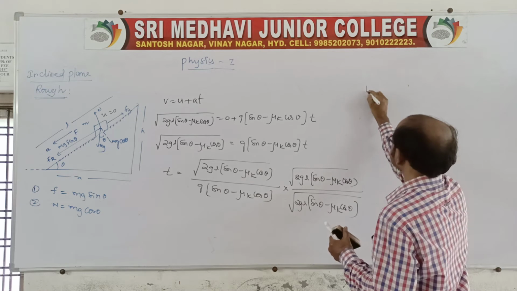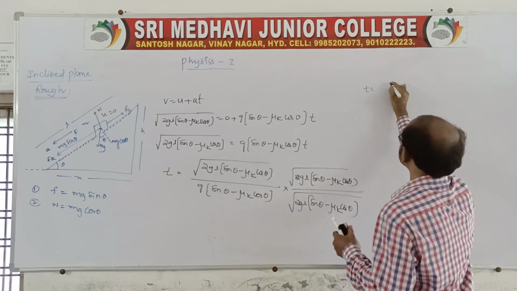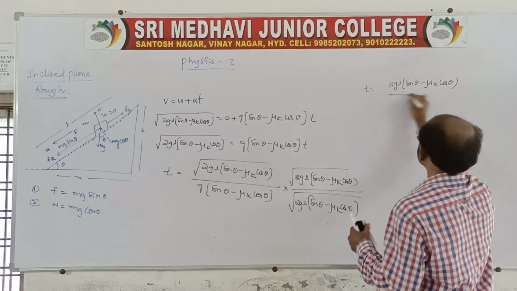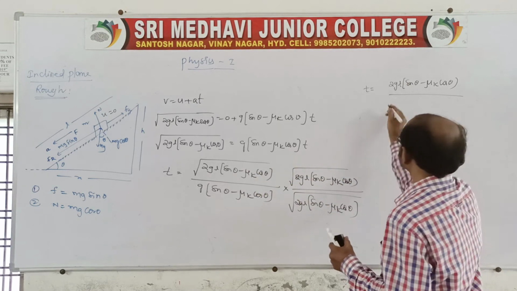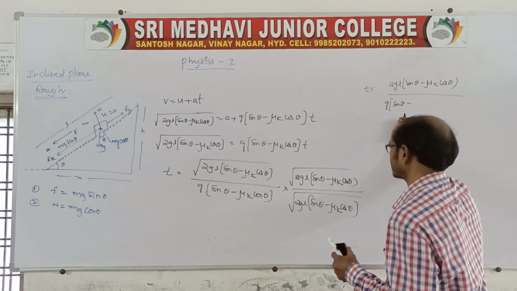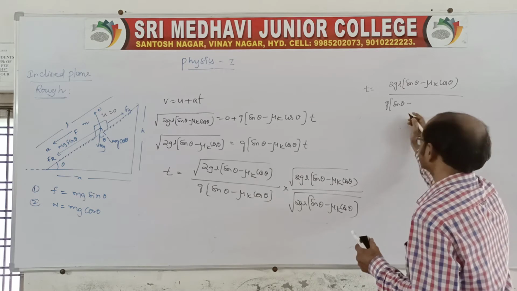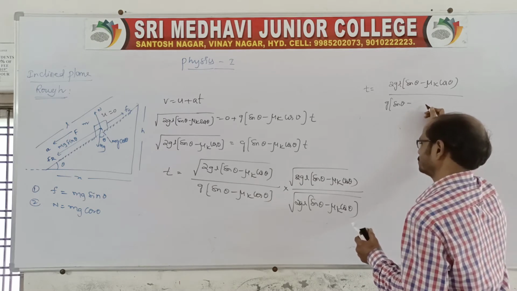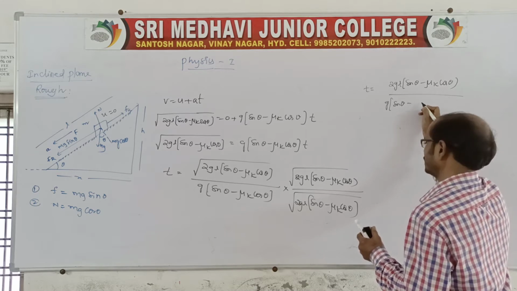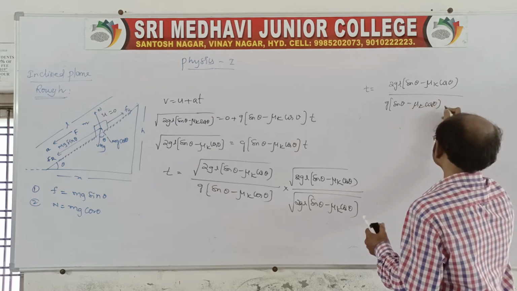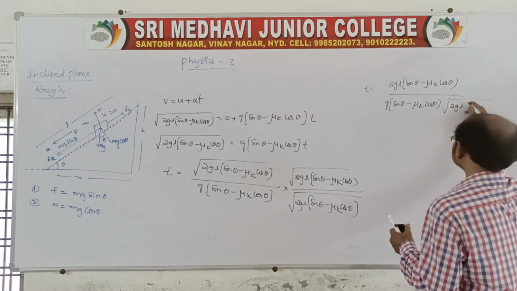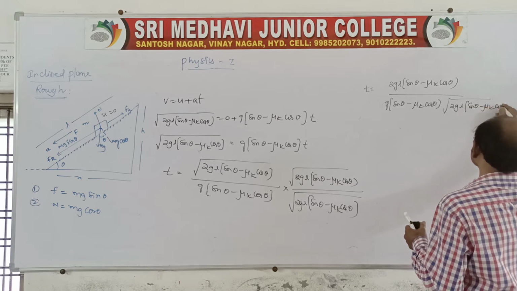Root into root becomes only 2gl of sin theta minus mu k cos theta, and g of sin theta minus mu k cos theta, into root over 2gl of sin theta minus mu k cos theta, of course.